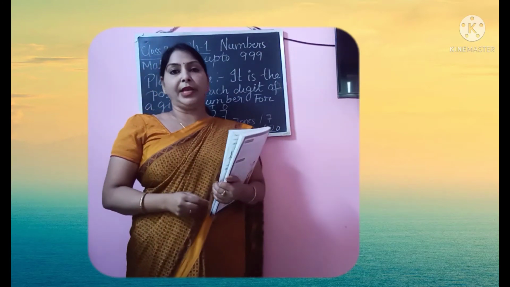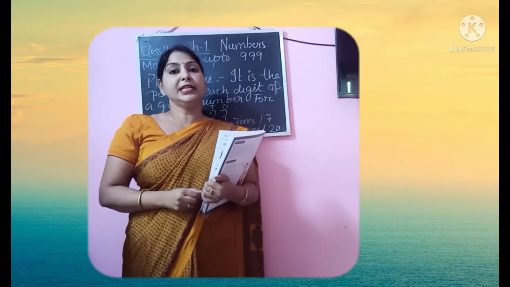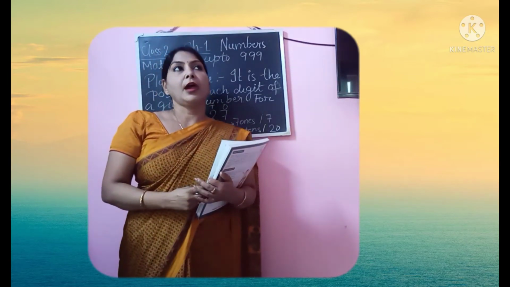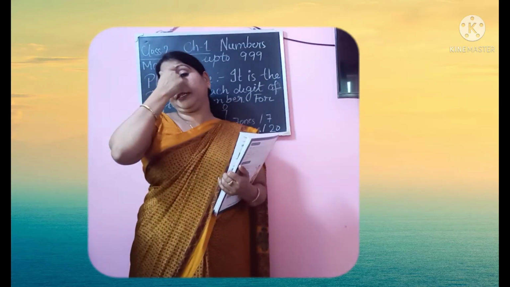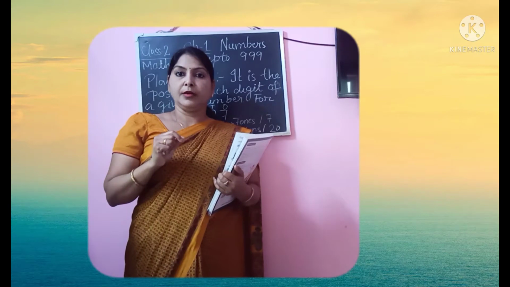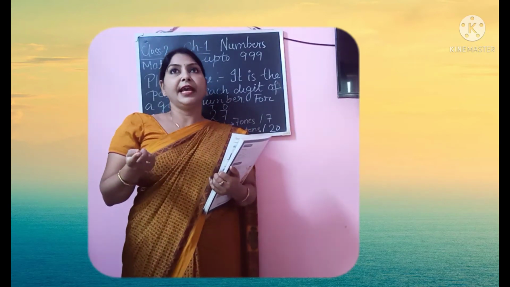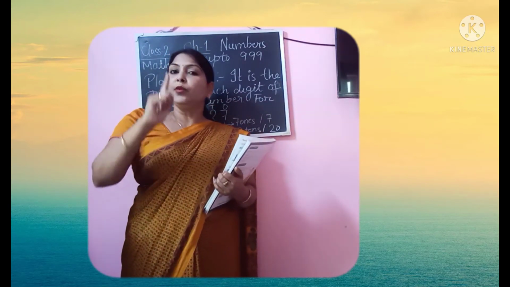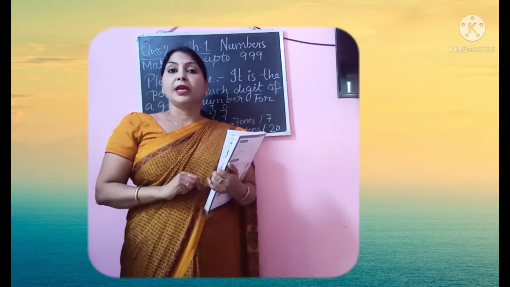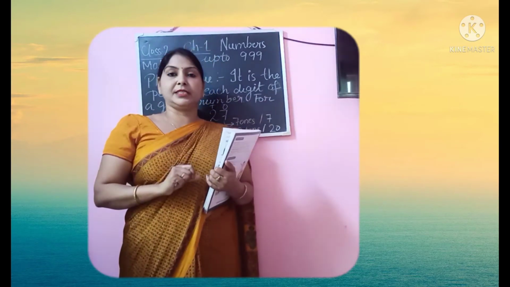What is place value? Our topic for today is place value. Okay. So you can see any number when we write, it has got some digit. When we write any number in one digit, then what is the place value of it? It is in the ones place.